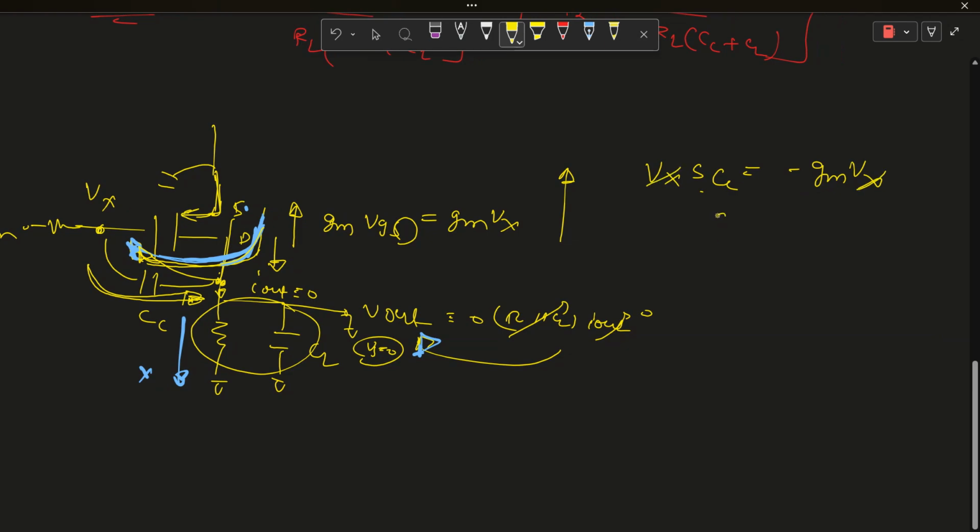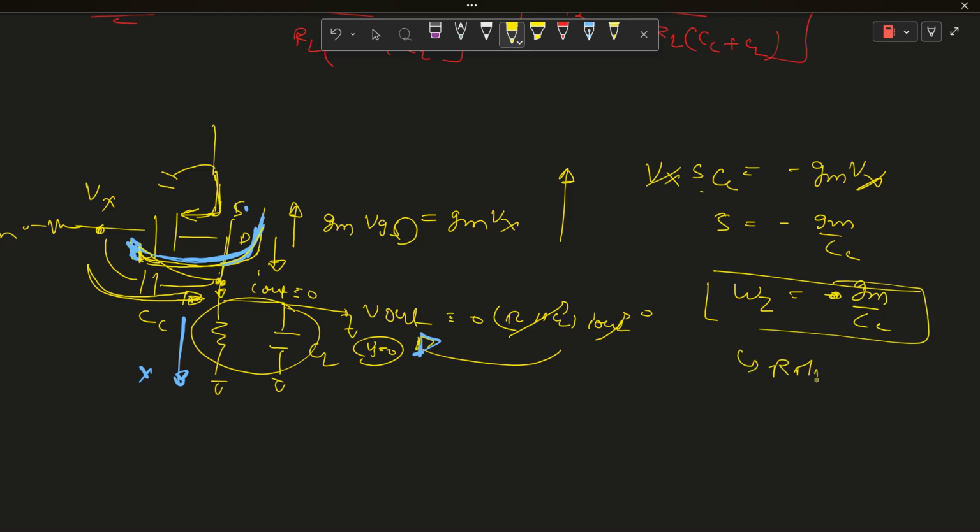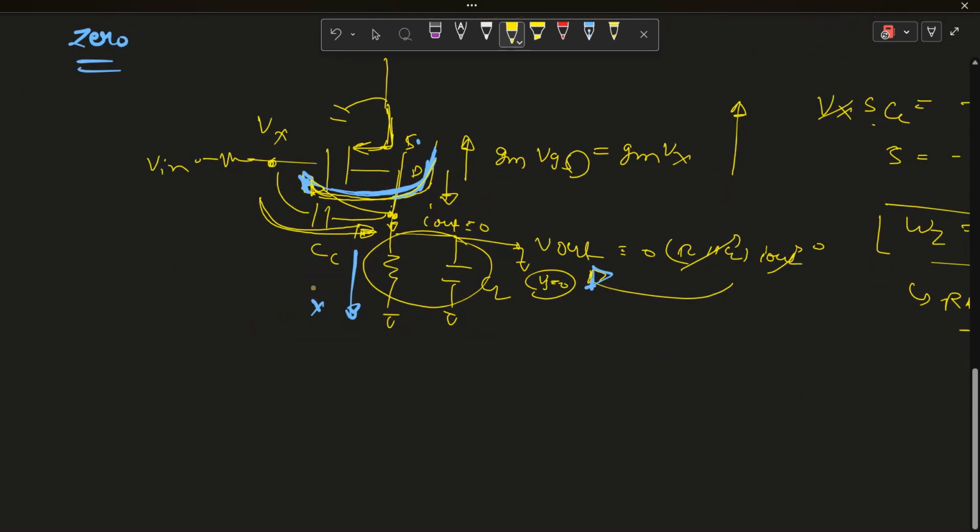If we cancel out Vx, then S becomes minus gm upon Cc. So the location of the zero is gm upon Cc, and this is a right hand plane zero. So this is the solution.